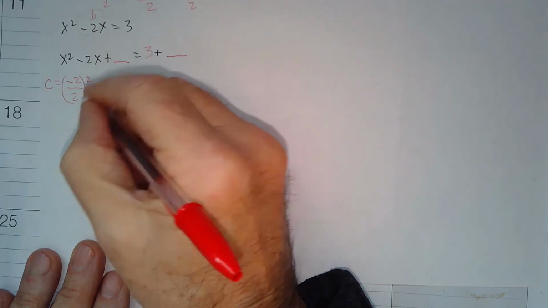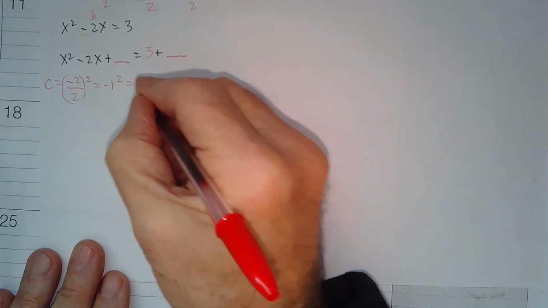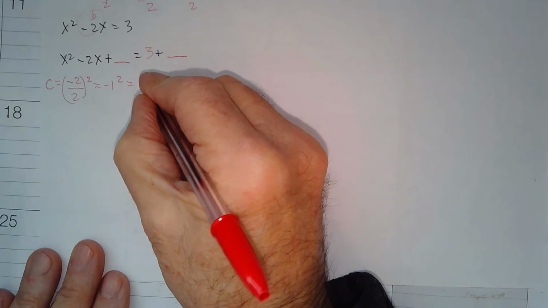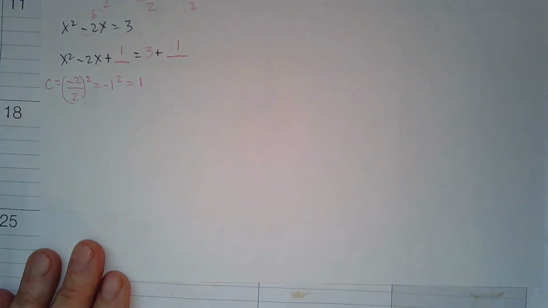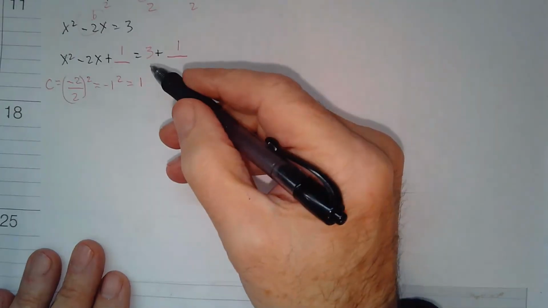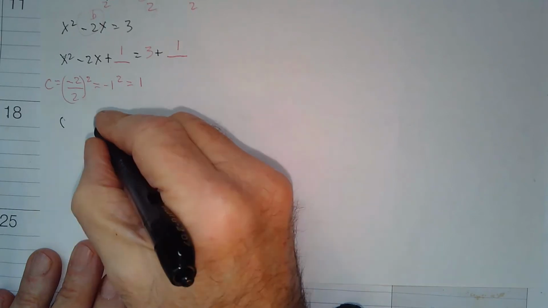So negative 2 divided by 2 is negative 1, and it's squared. Negative 1 squared is 1. So we're going to put a 1 into each of these spaces. Okay? All right. So now we're going to go ahead and do the old double bubble and factor.